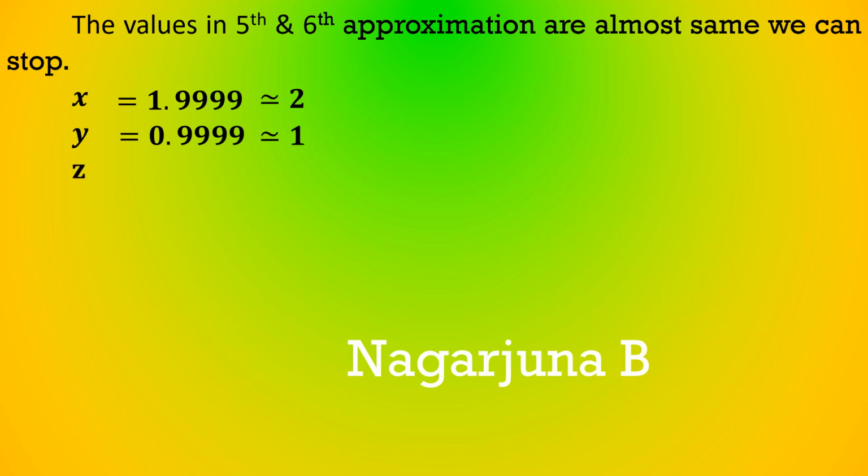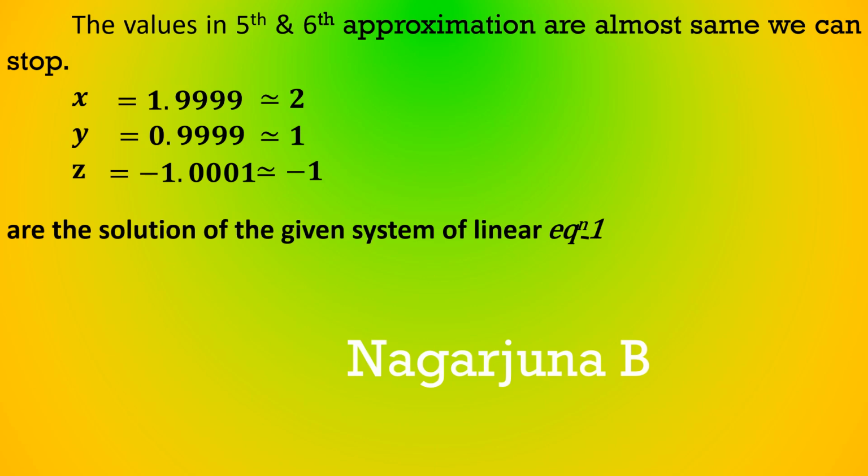Then z is equal to minus 1.0001, which is nearly equivalent to minus 1. Therefore x is equal to 2, y is equal to 1 and z is equal to minus 1 is the solution of system of linear equation 1 by applying the Jacobi method. That is, we have calculated the values of x, y and z by using the Jacobi iteration method.